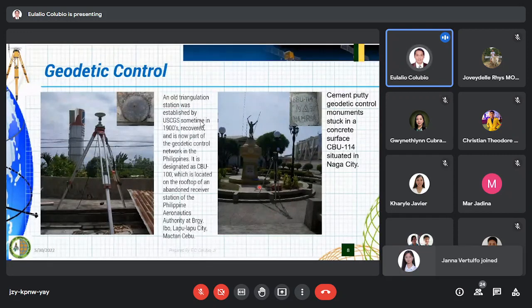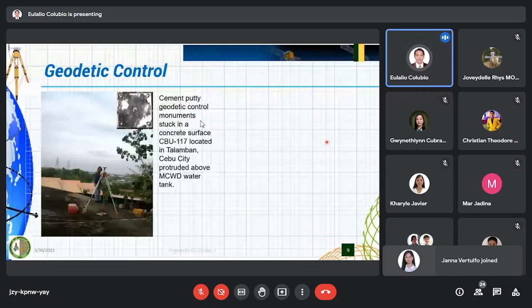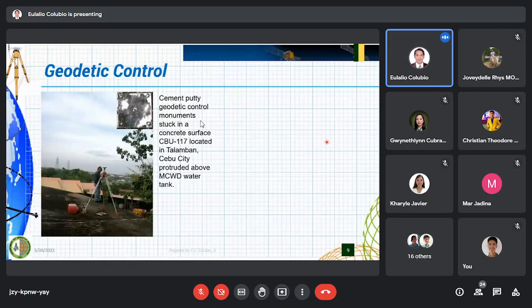Okay. And then another example of a geodetic control station in the Philippines. This is based on my experience when I was working in a private company, prior to working here in PSU as an instructor. So here we have another monument.